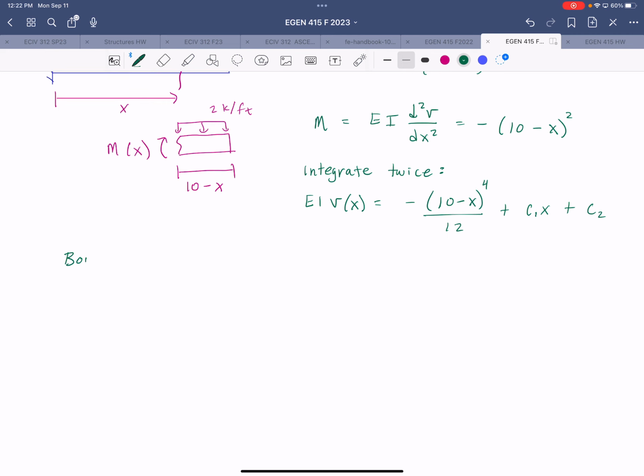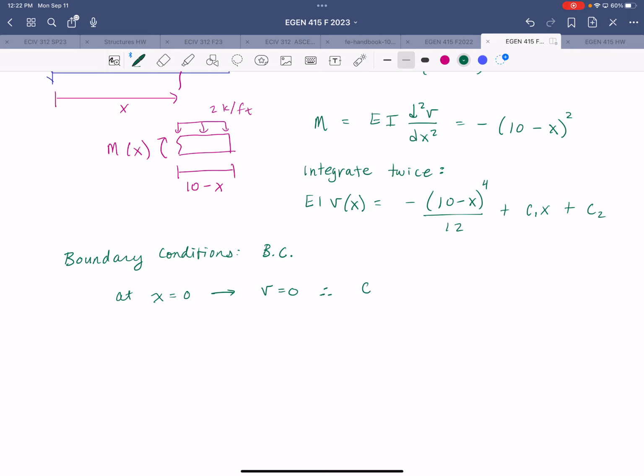So now we need to apply our boundary conditions, which I'll probably just abbreviate from now on in this class as BC. So in this case, our boundary conditions both come from the fixed support. At x equals 0, we know deflection is going to be equal to 0.